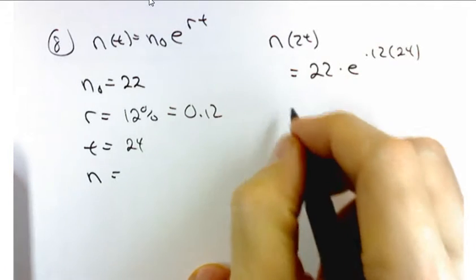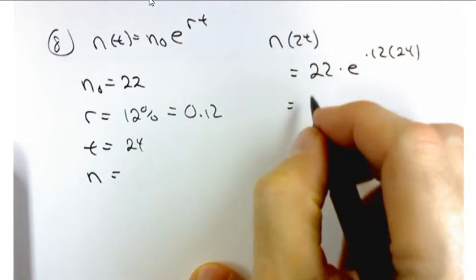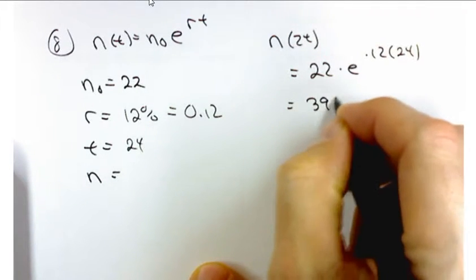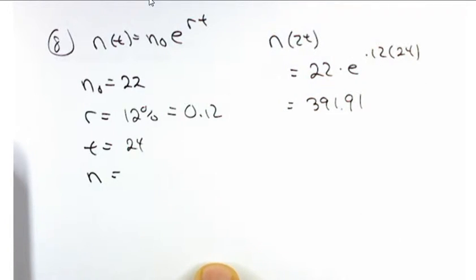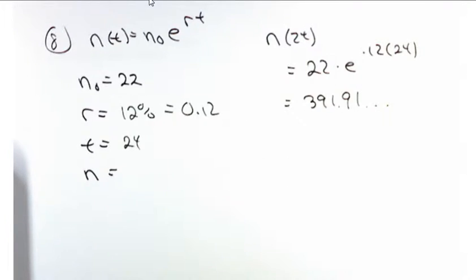I'm not impressed. I was expecting something much bigger. 391.91. There's a type of bacteria that can reproduce itself about every 8 or 9 minutes, which is astounding.